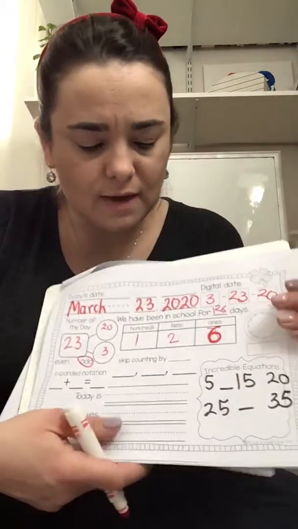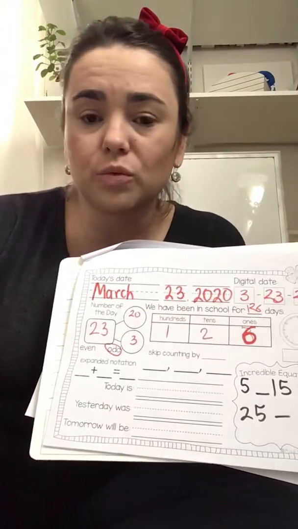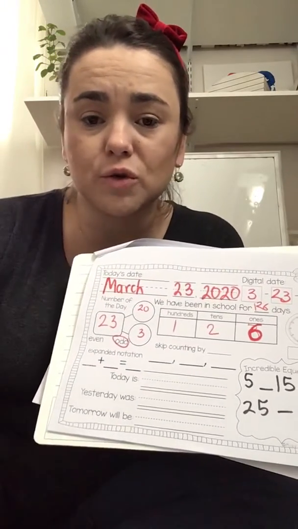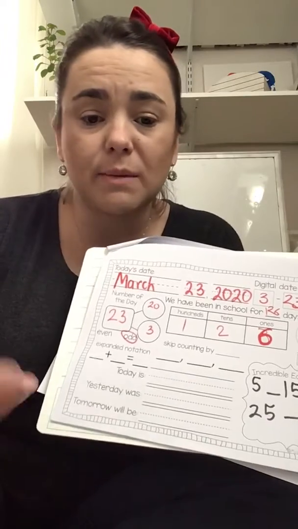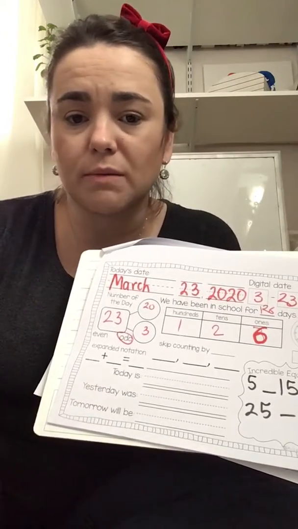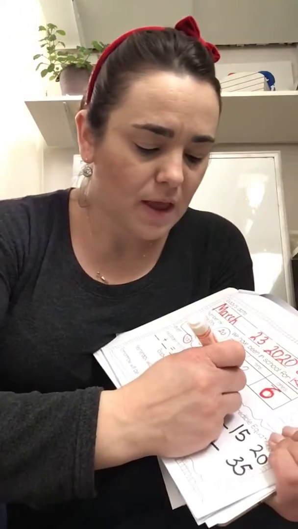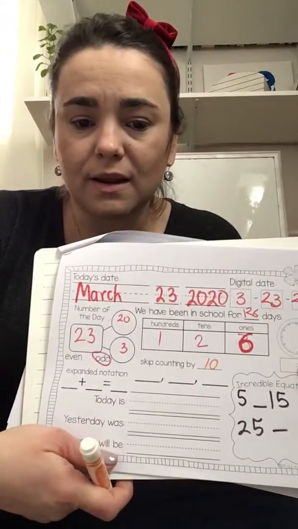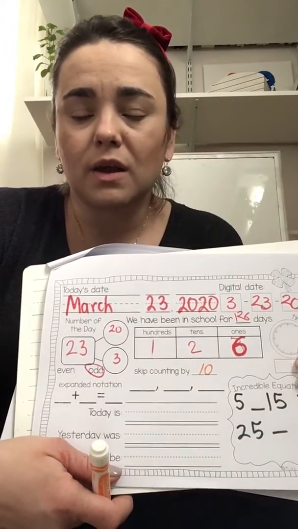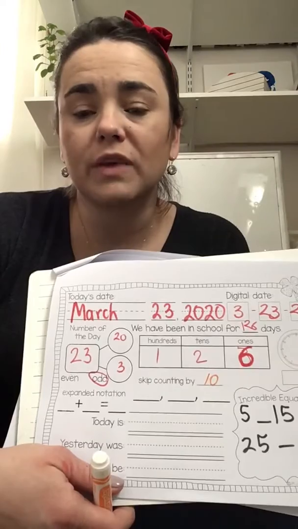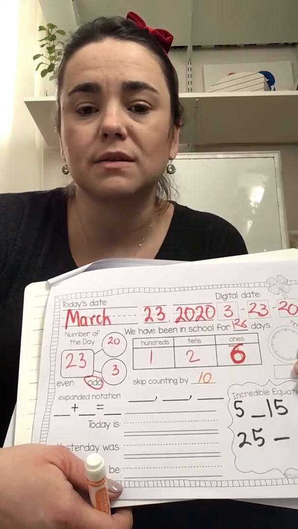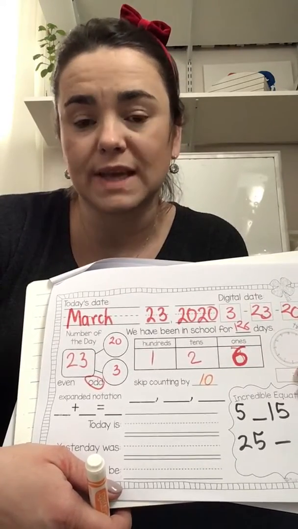Then I'm going to ask them, let's skip count. How would you like to skip count? By 2, by 5, by 10? Some of them are going to say by 2, some of them will say by 5. Let's do by 10, okay? So I'm going to skip count by 10. On YouTube, there are a lot of videos where you can practice skip counting by 2, by 5, by 10.